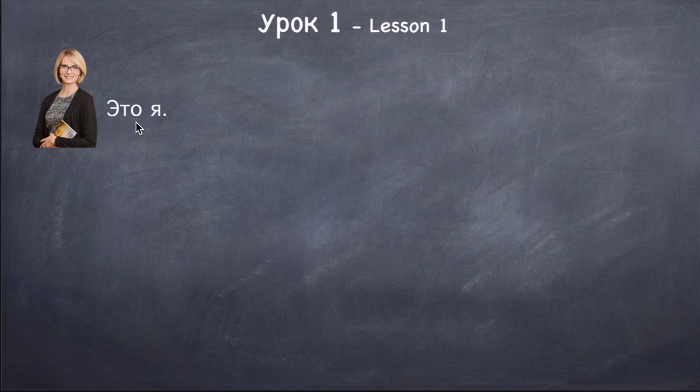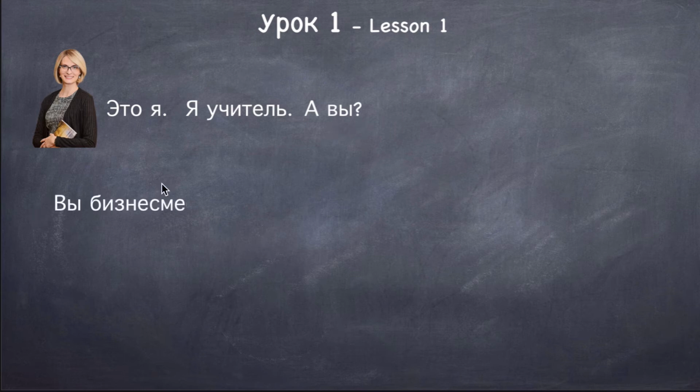So, это я. Я учитель. And let me ask you about you. How about you? А вы? Вы, now, if this pronoun is new for you, I address you formally right now.